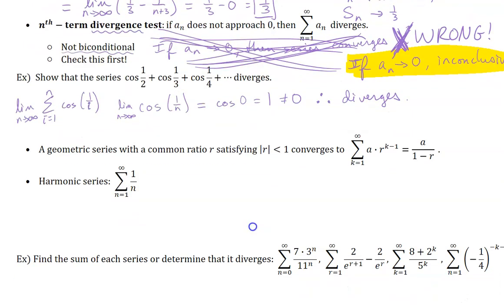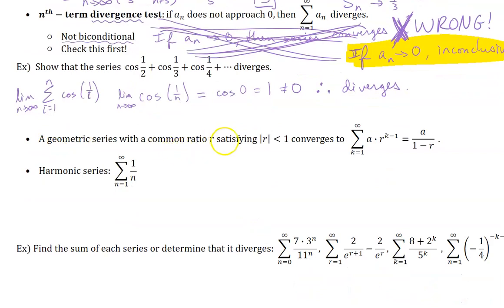All right, one more thing here. A geometric series with a common ratio. So we talked briefly about what the geometric sequence looks like. So a geometric series is just the same form, but then adding all those terms together. If this is satisfied, remember, if the absolute value of the ratio is less than 1, then that means the series does converge. If this condition is met, the series also converges, and this is one where we actually can find what it converges to.